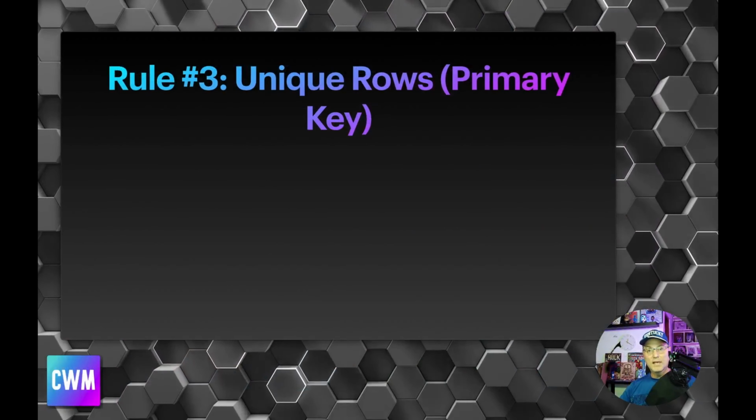Let's dive into rule number 3 of first normal form, which says unique rows must have a primary key. In its simplest form, this means that every row must be identified by a primary key. Going further, the primary key should be unique and not null, and we do this by choosing stable identifiers.